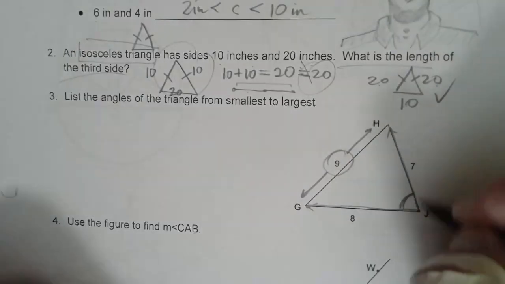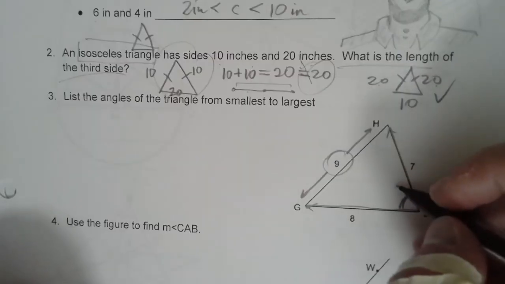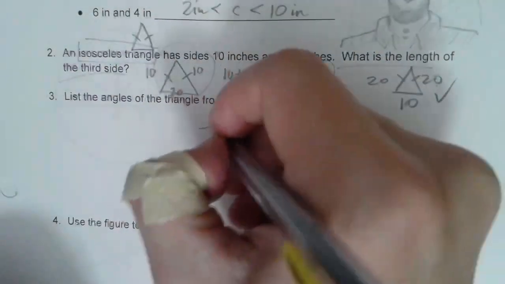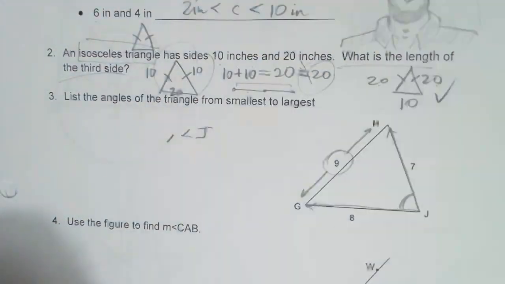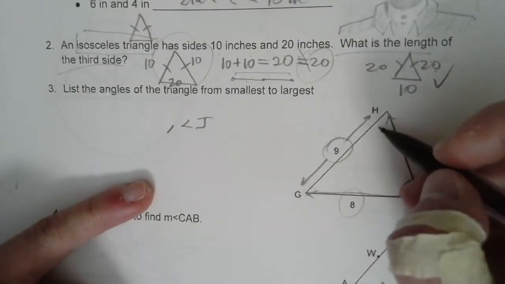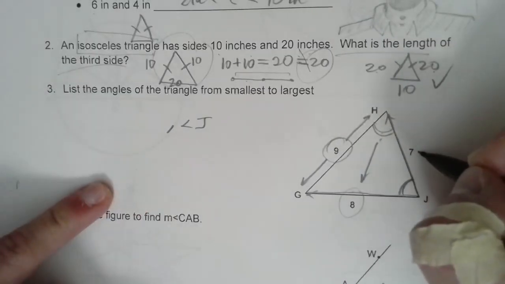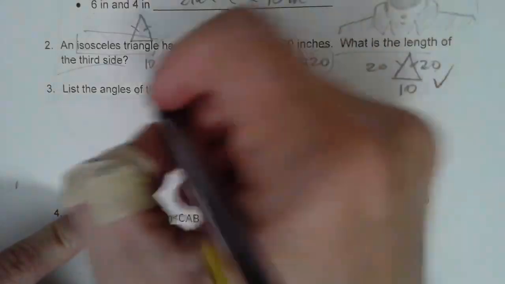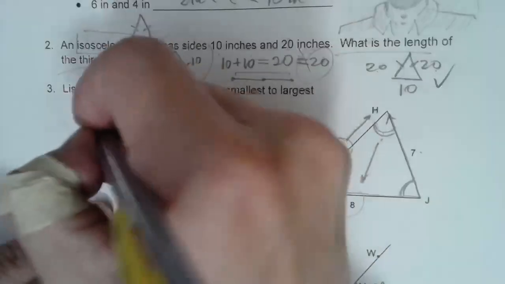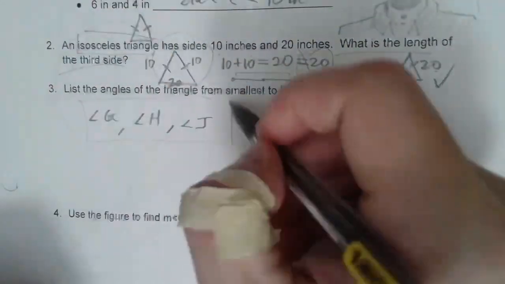So if angle J is fitting 9, then it has to be the biggest, which means J goes last in this case. Alrighty. And then here, our next up number is 8. So that means H, which is fitting 8, has to be more than 7, which is G. So that means angle H will go here, and then G will go here. So GHJ is the correct order for these.